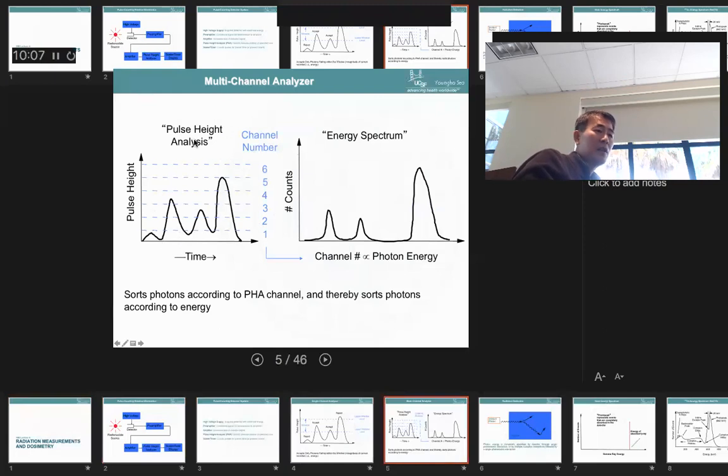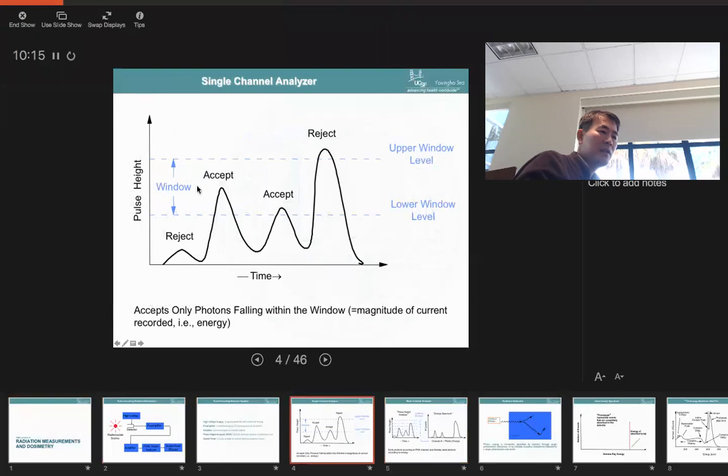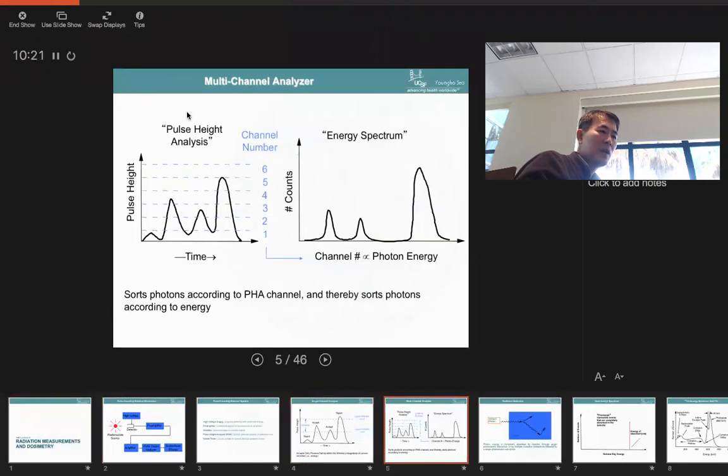This diagram shows how a multi-channel analyzer works. Instead of having a single channel, collecting all the pulses within this channel, with the multi-channel analyzer we have multiple channels. Usually it's a continuum of channels like this. Pulse height corresponds to the energy of the incident photon.